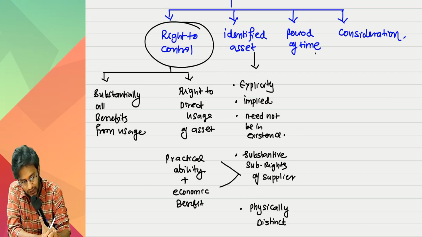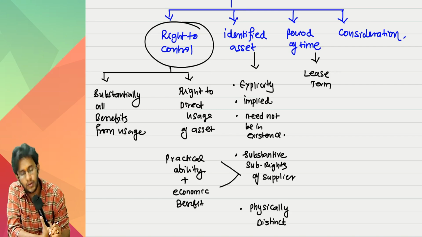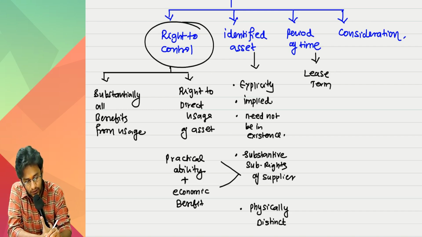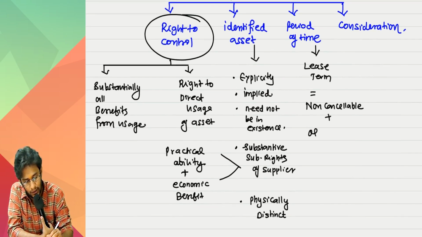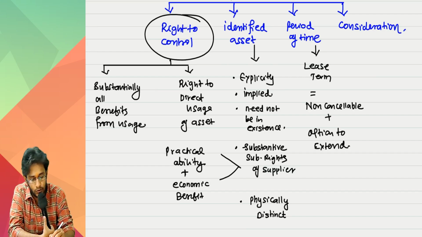A period of time was only our lease term concept. So lease term includes what? The non-cancelable period, plus the periods covered by an option to extend if it is reasonably certain that the lessee will exercise such option.